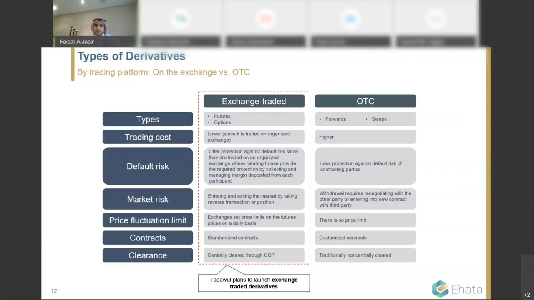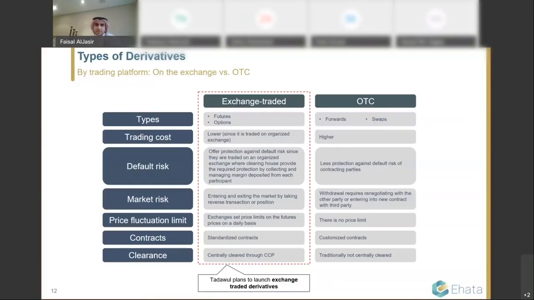There are others, but these are the main instruments in exchange traded. In OTC, you would find forwards and swaps, and basically anything else that can be customized and mutually agreed between a buyer and a seller, including very exotic instruments.